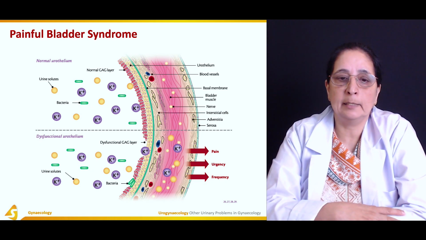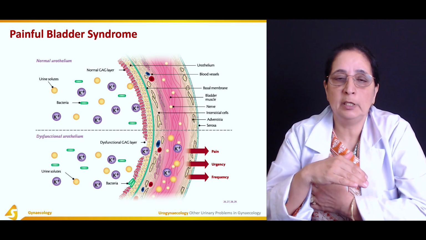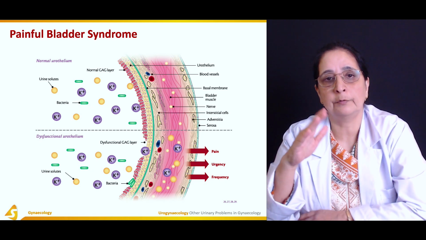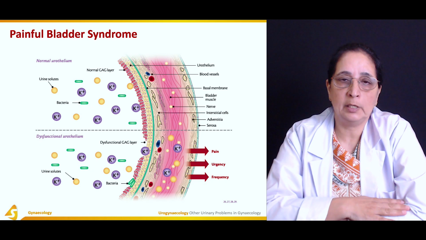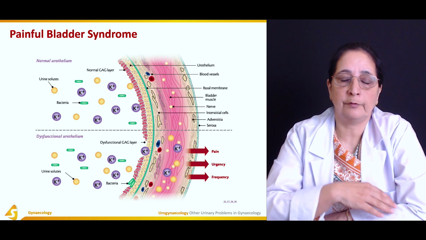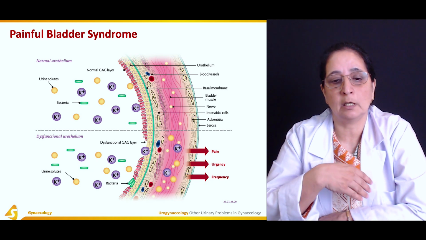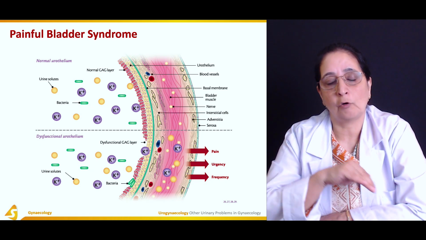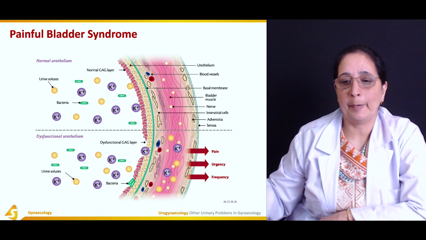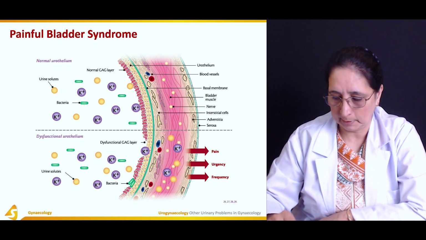Dysfunctional urothelium causes damage to the glycosaminoglycan layer of the urinary bladder that allows the passage of different solutes, bacteria, and potassium across the bladder wall, and it can lead to pain, urgency, and frequency.